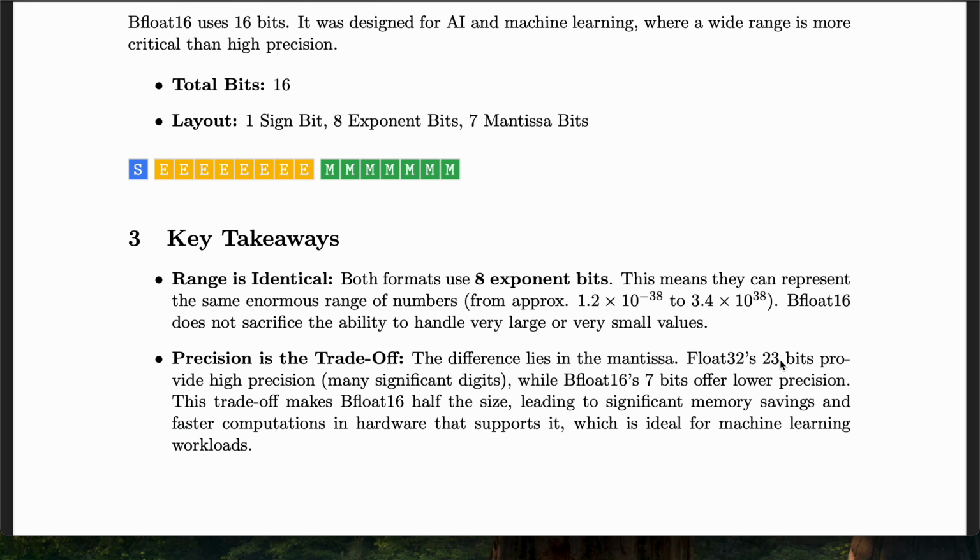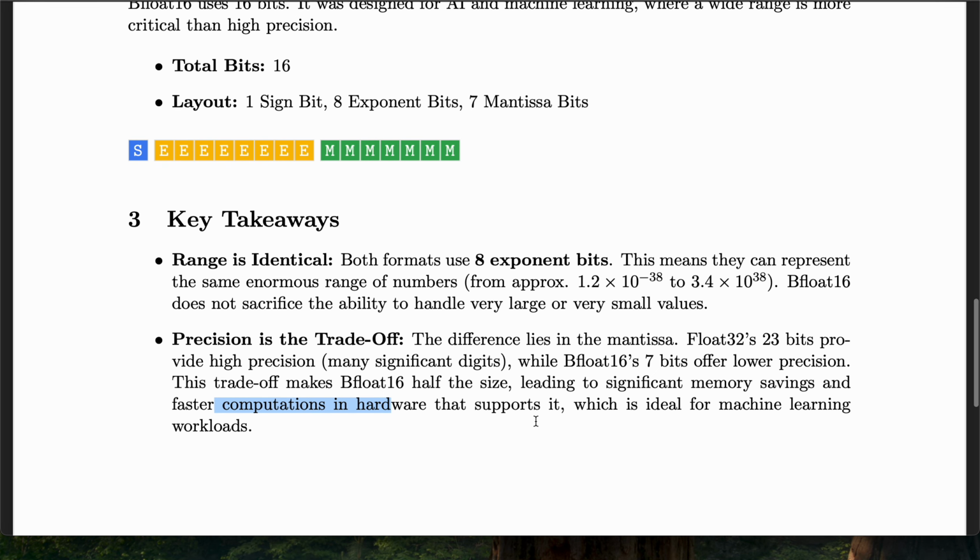So float32's 23 bits provide a high precision, while Bfloat16's 7 bits offer lower precision, and this trade-off makes Bfloat16 half the size, leading to significant memory savings and faster computations in hardware that supports it, which is ideal for machine learning, but it also means it's a little less accurate.